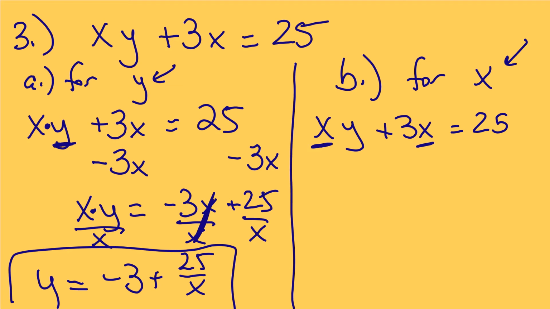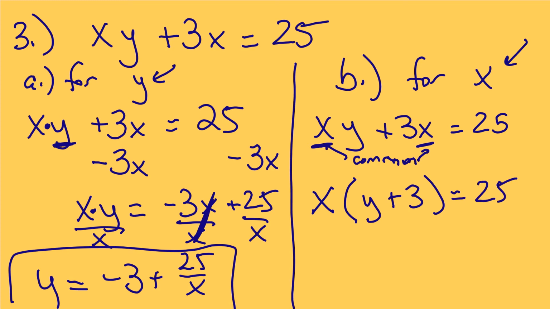Who was the pizza delivery guy? Well, the x is in common. These x's are in common. So I'm going to take those 2 common x's and turn it into 1. And I can do that as long as I put inside the parentheses whatever's left over: y plus 3. And if I want to check my work, does x times y give me this? It does. Does x times 3 give me 3x? It does. So this does work.